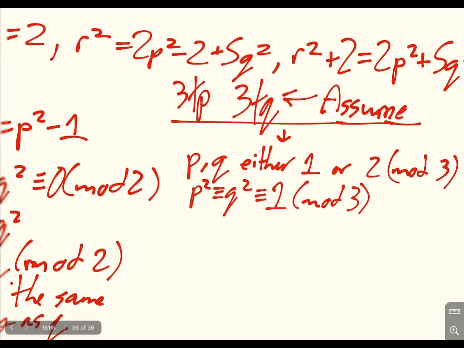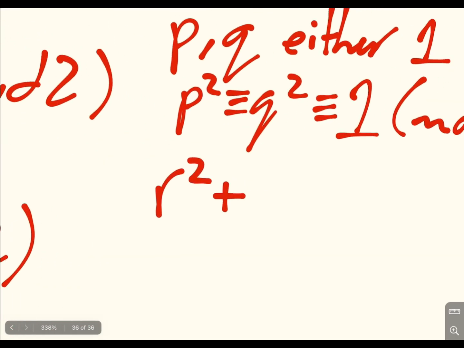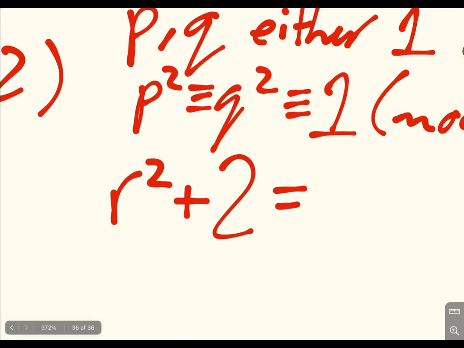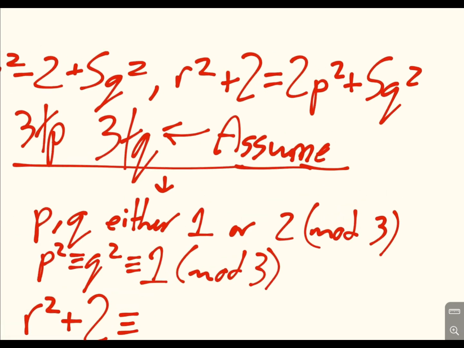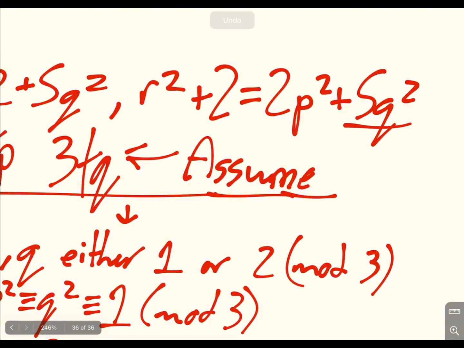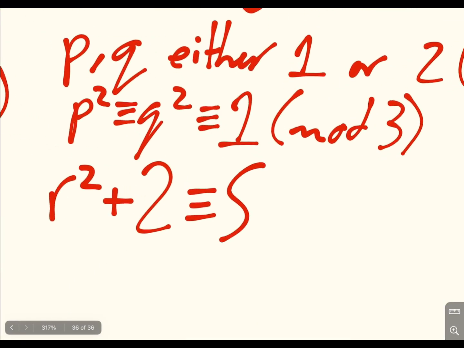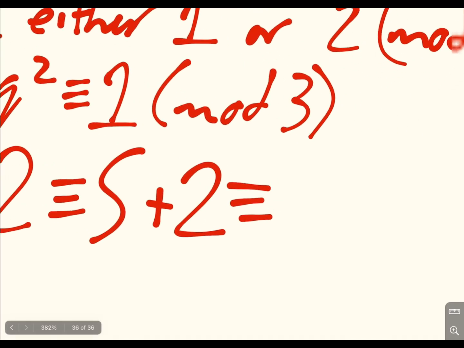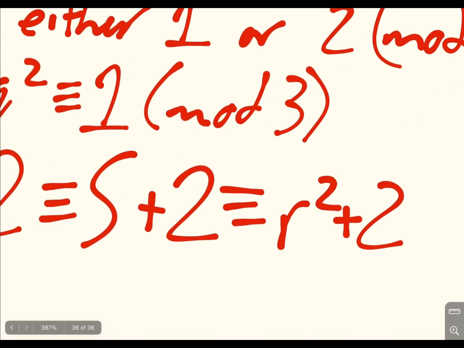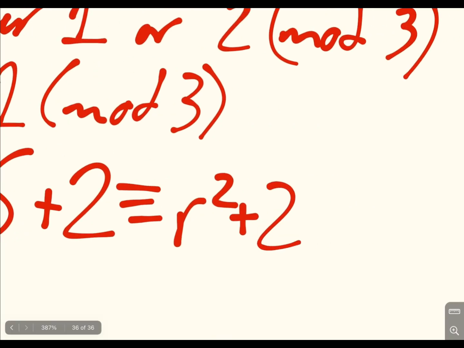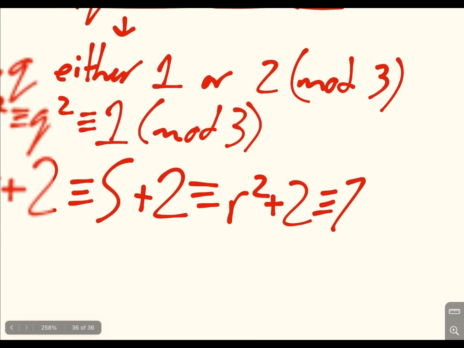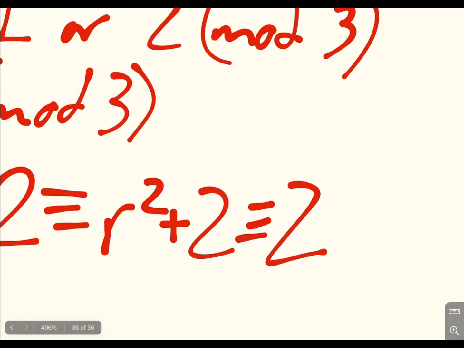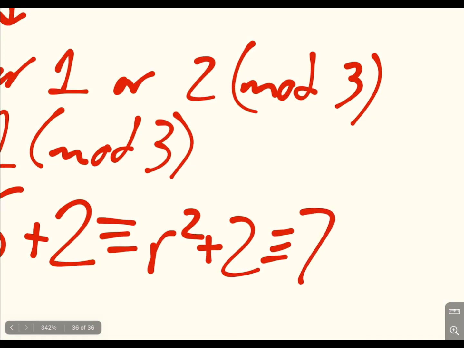So then this implies that r squared plus 2 is equal to, since p squared and q squared are equal to 1 mod 3, 2 times 1 plus 5 times 1. So this would equate to 5 plus 2, and this would simplify to r squared plus 2 is equal to 7, which is 1 mod 3.